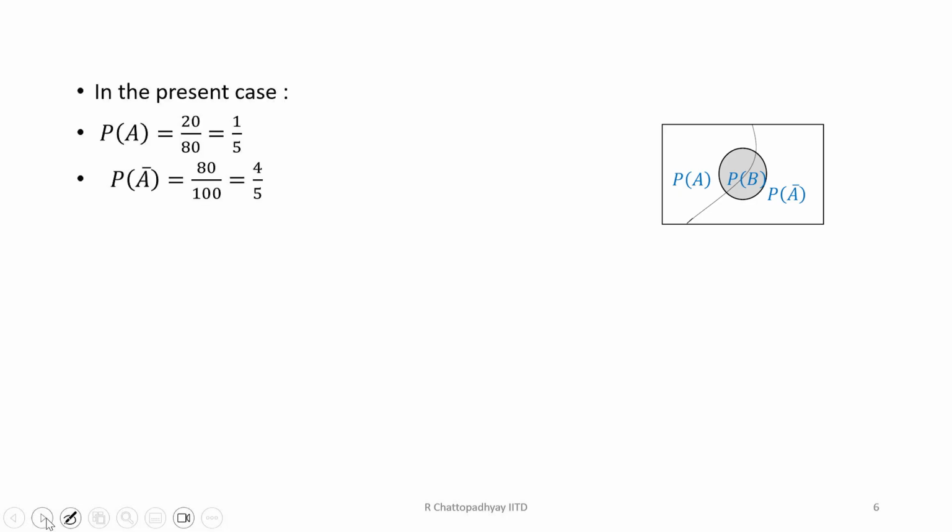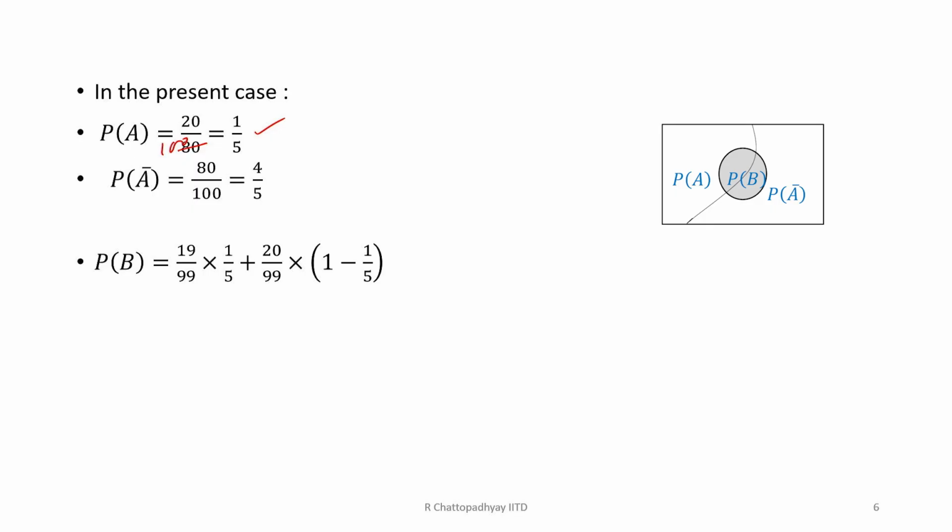So if we look at this now, what is my P(A)? P(A) is 1 upon 5 because 20 defective shirts are there and 80 non-defective shirts are there. So sorry, the total number of shirts is 100.